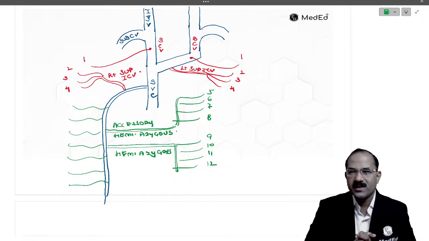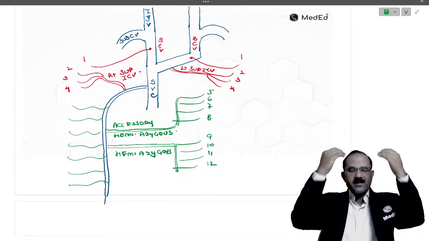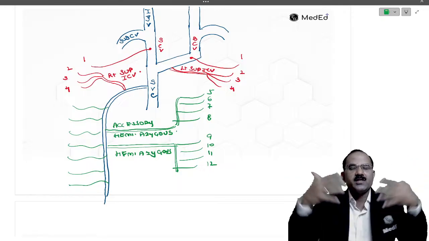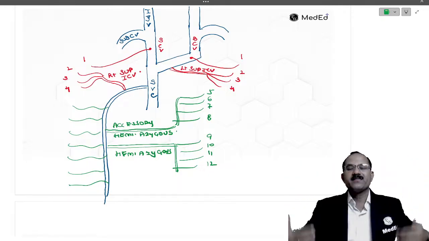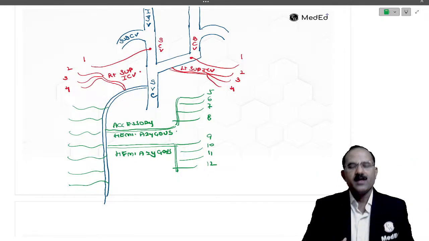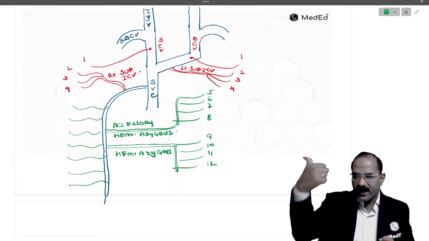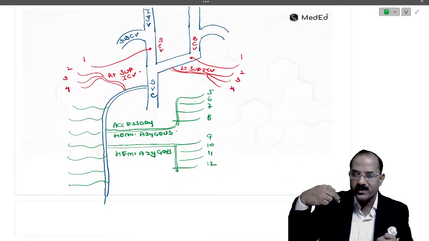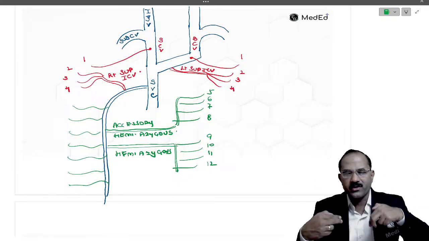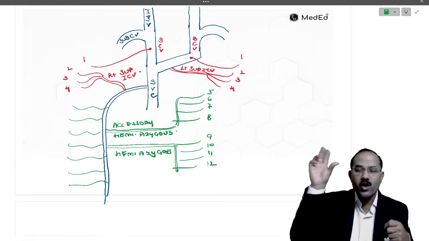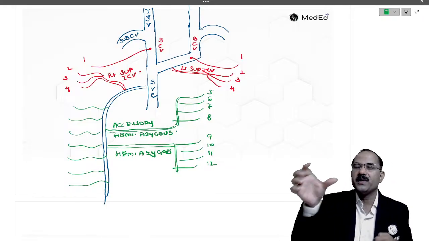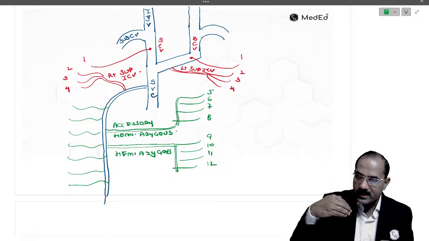Okay, clear students? So the anterior intercostal veins in the upper 6 spaces drain into the internal thoracic vein. In the lower spaces, they drain into the musculophrenic vein. The first right posterior intercostal vein drains into right brachiocephalic. The first left drains into left brachiocephalic. Second, third and fourth on the right side join to form the right superior intercostal vein, which drains into azygos vein.